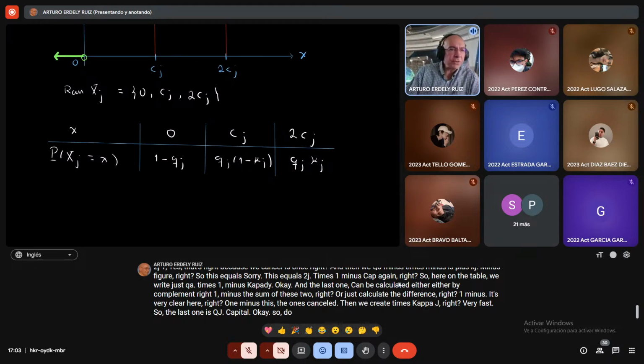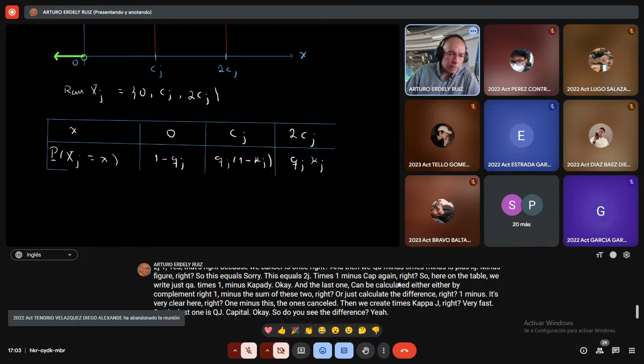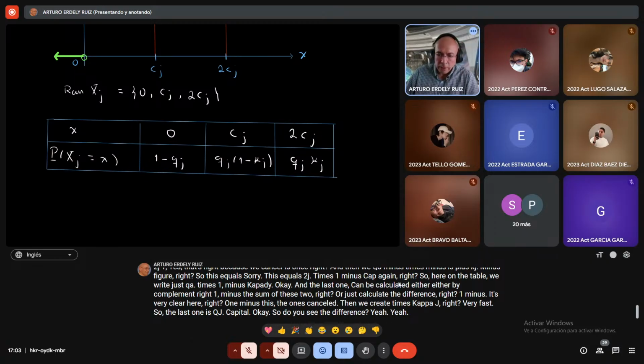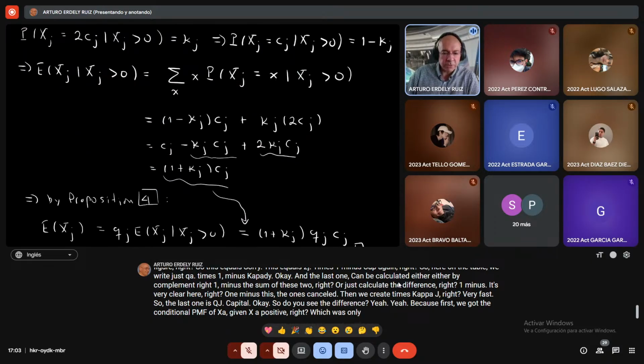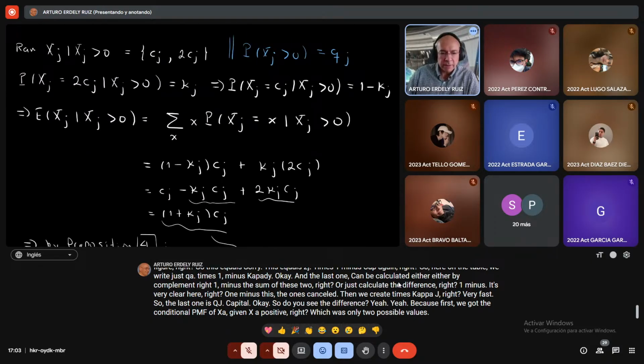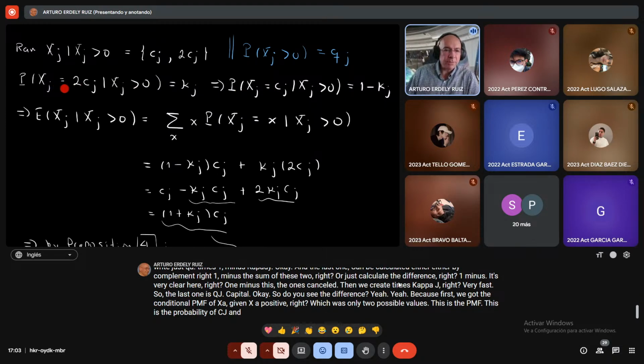So do you see the difference here? First we got the conditional PMF of xj given xj positive, which was only two possible values. This is the probability of Cj and 2 times Cj: kappa j and 1 minus kappa j.